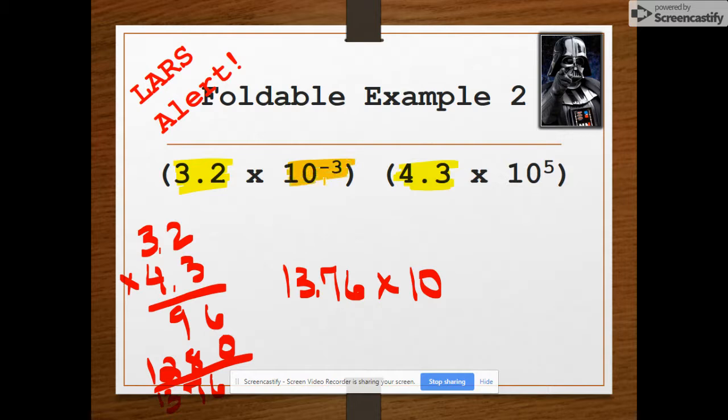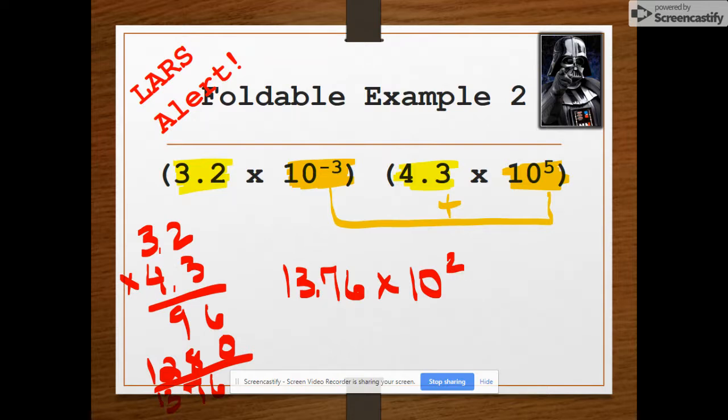Again, we can now look at our base and exponents. Again, calling back to those integer exponent properties, I know that I'm going to add my exponents when I have the same base and I am multiplying. In this case, I have -3 plus 5, which is going to give me +2.